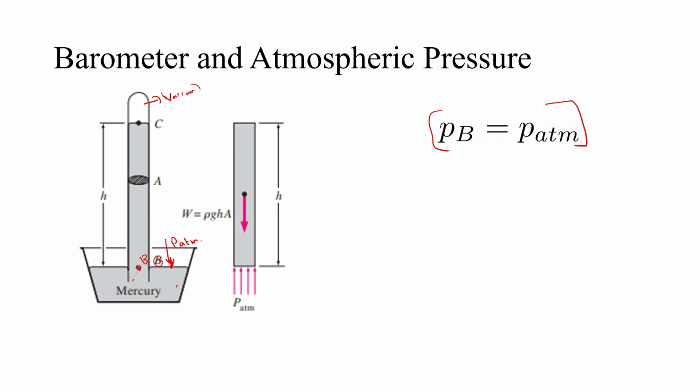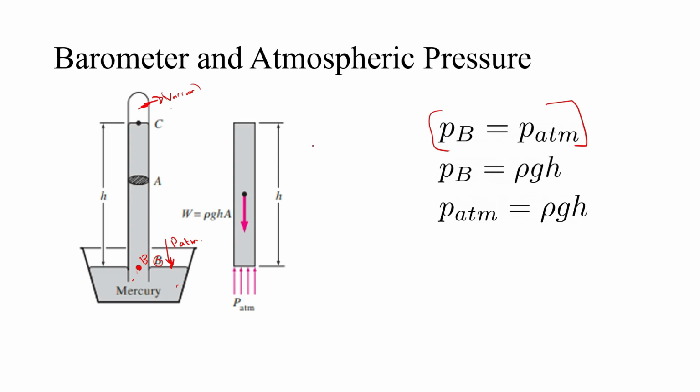But what is the pressure at B? This pressure is due to the hydrostatic pressure of this liquid column. And here it is vacuum. Since it is vacuum, there is no pressure here. So the pressure is solely due to the hydrostatic pressure of this liquid column. So PB is equal to rho GH. So P atmosphere will be equal to rho GH.